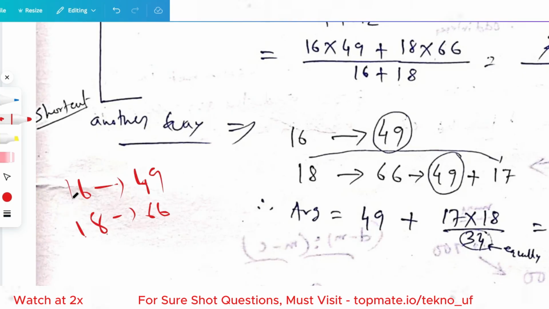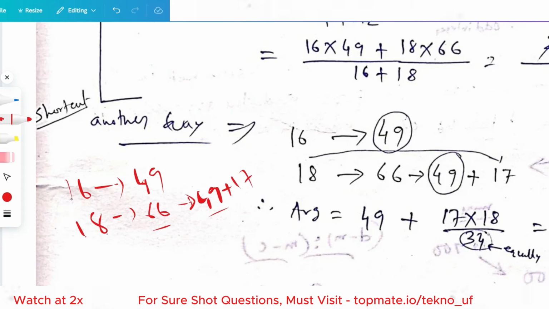So consider the lowest at first, then convert all the other averages in such a way that 49 comes. The smaller one should be here as well. So make this average in such a way that 49 comes. Okay, 49 plus 17 we have to write.